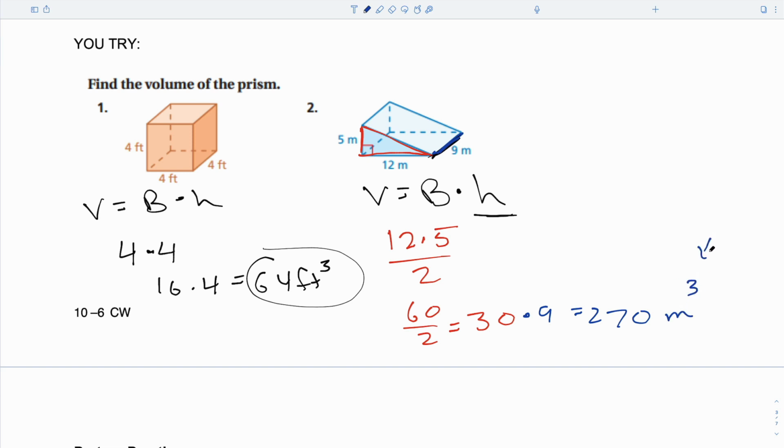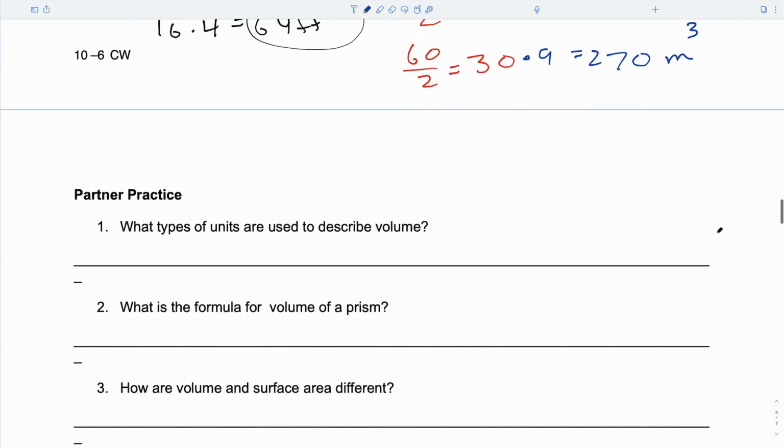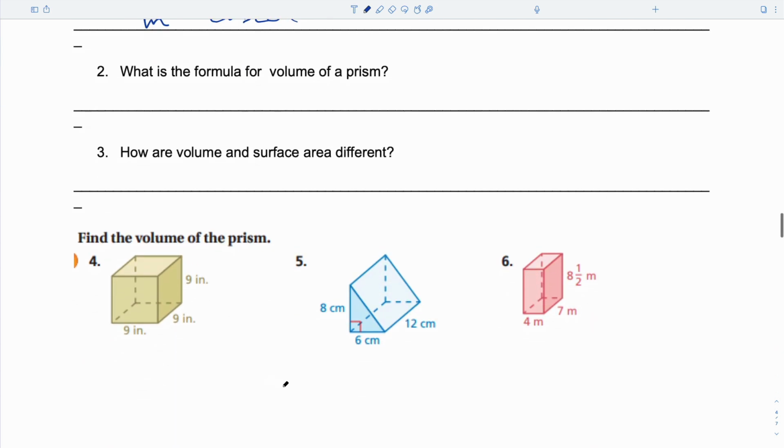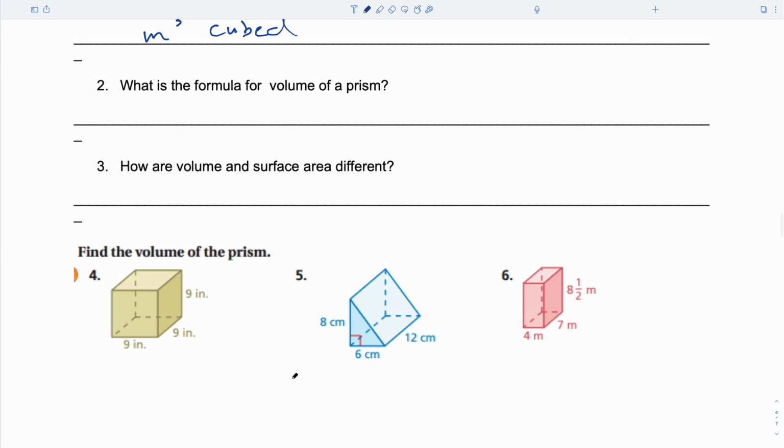Cubed is your answer for number 1 on partner practice. Flip the page. What type of units are used to describe volume? You should have that answer. It's either a 3 above it or it's called cubed. The formula, write that down, and then talk to your partner about the difference between volume and surface area. You got 10 minutes. Pencil up.